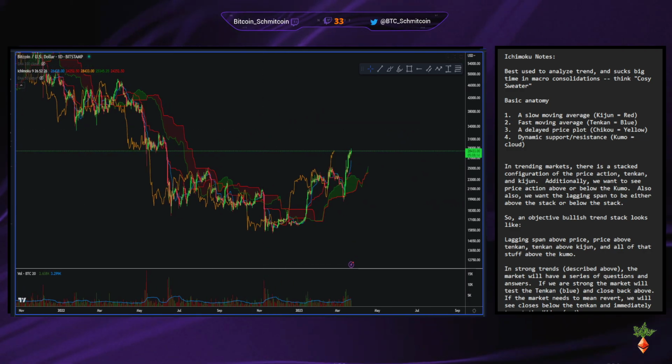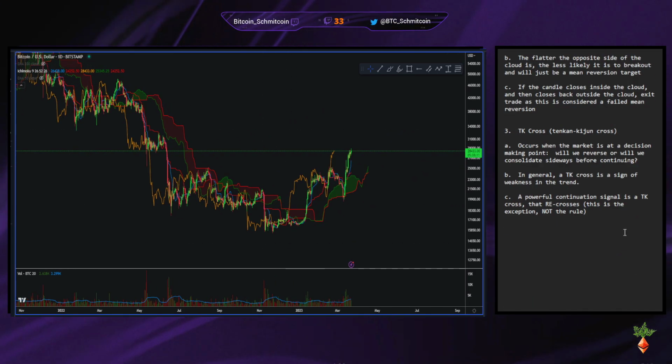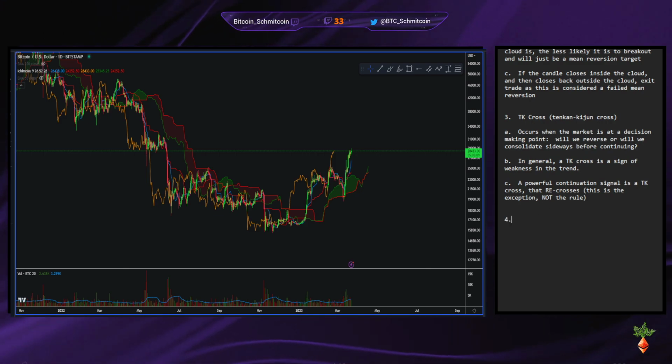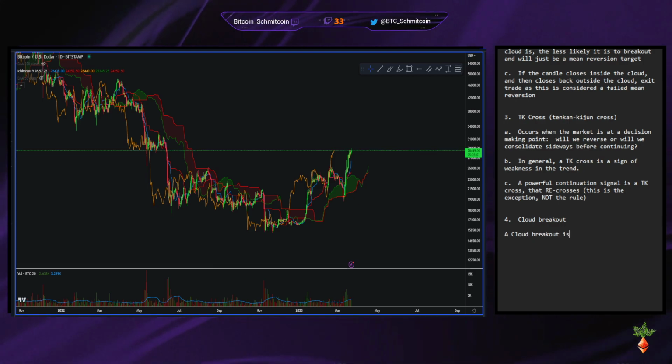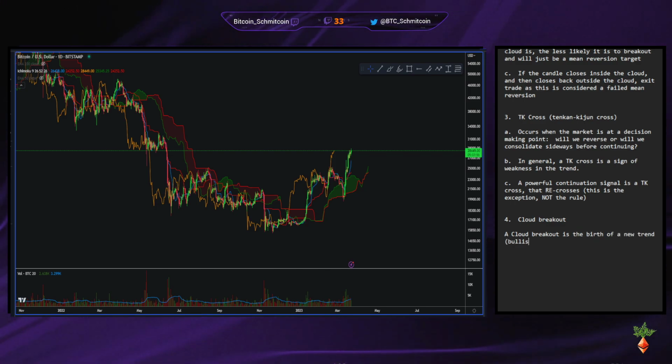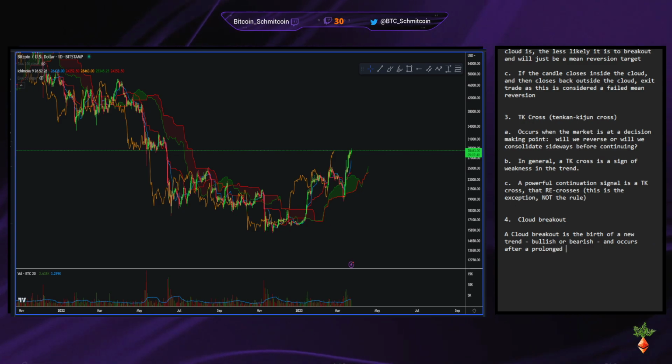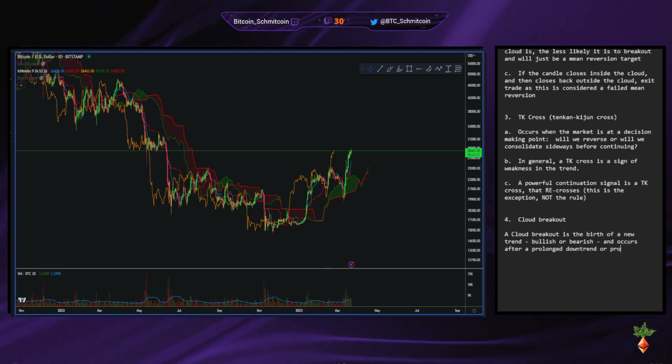Oh, I should also talk about a cloud breakout. I'll add this to the notes too. A cloud breakout is the birth of a new trend, bullish or bearish, and occurs after a prolonged downtrend or prolonged uptrend.